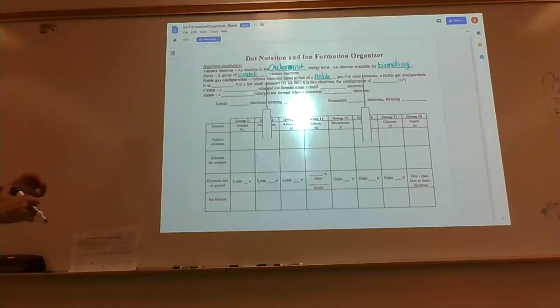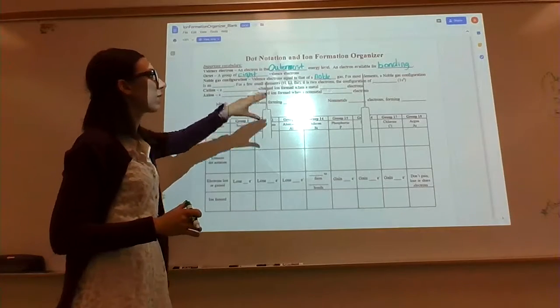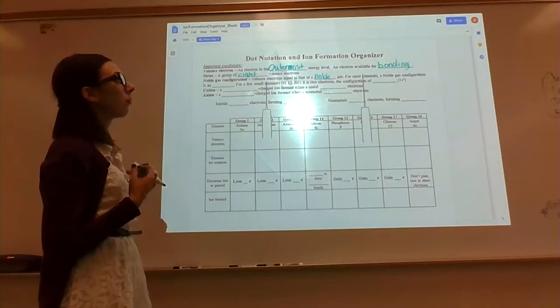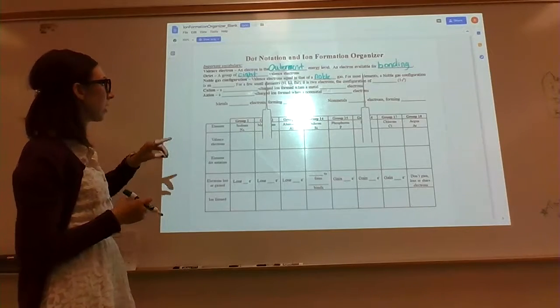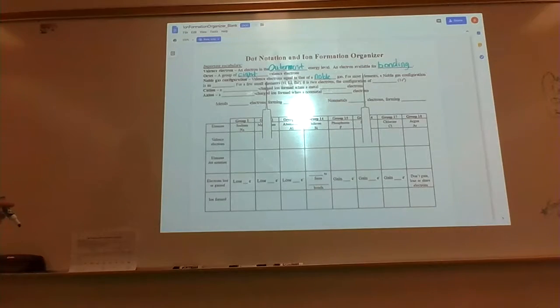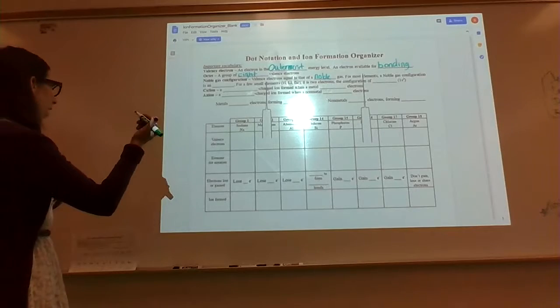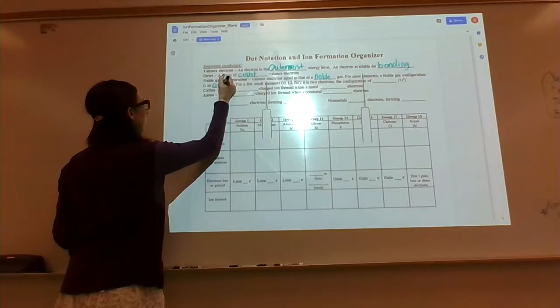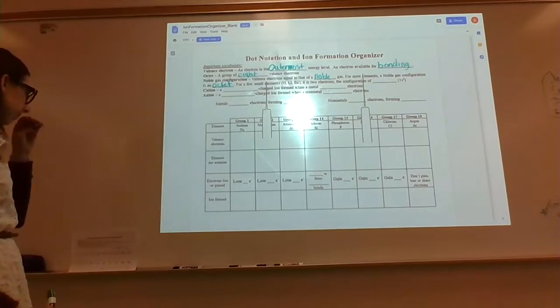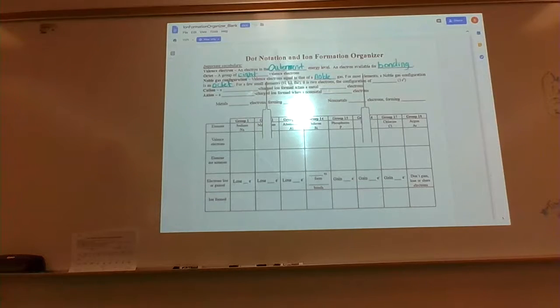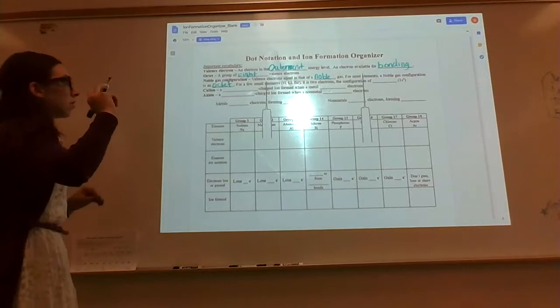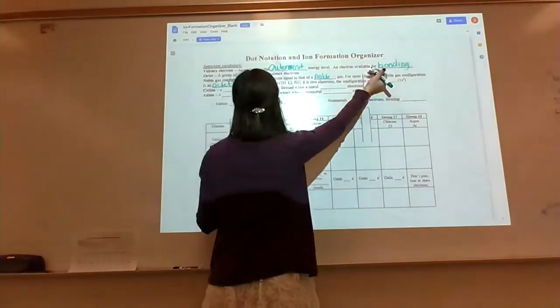So noble gas configuration is valence electrons equal to that of a noble gas. For most elements, a noble gas configuration is an octet. For a few of those that are smaller, like hydrogen and lithium and helium, those ones have a configuration of 2.